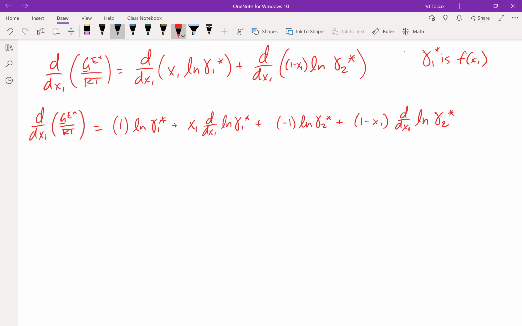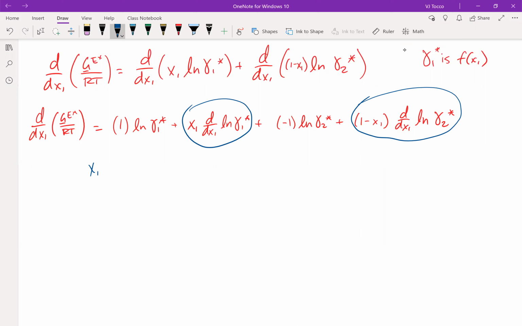Now I say that if this experimental data obeys the Gibbs-Duhem equation, and I'm assuming that it does, I'm going to evaluate this expression, and if it's not true, then that proves me wrong. But I say if that is true, then I have to know that this term plus this term must equal 0 by the Gibbs-Duhem equation.